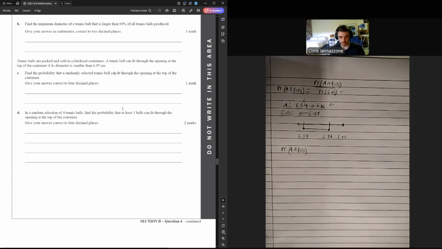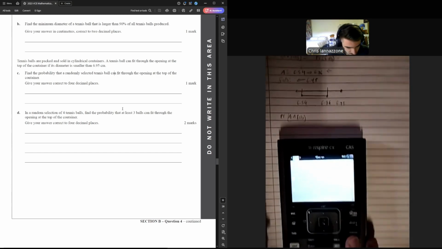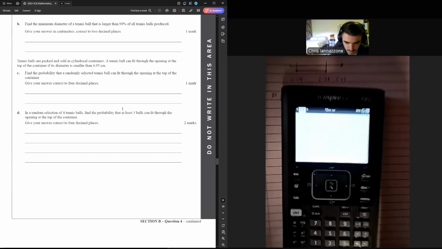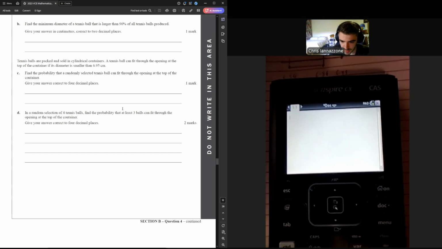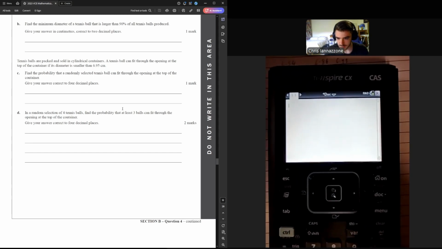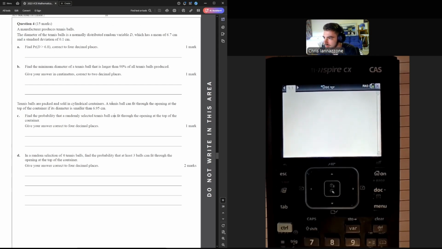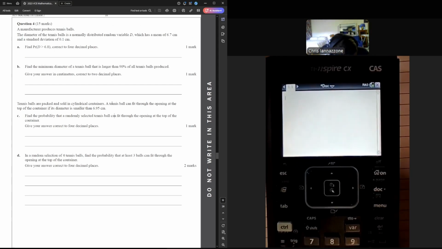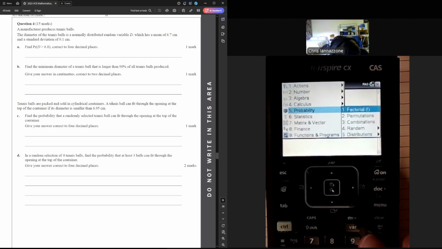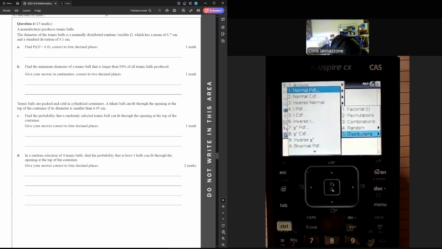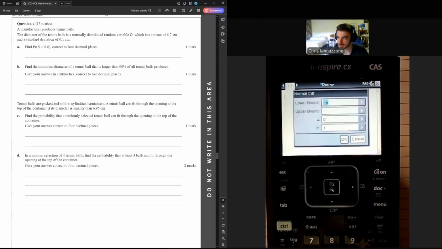So what we're going to do is bust open the CAS and just plug those probabilities in with the correct figures that we need. Okay, so we have that. We had a mean of 6.7, standard deviation of 0.1. So menu 5, 5, normal CDF, because we're doing a range of values.